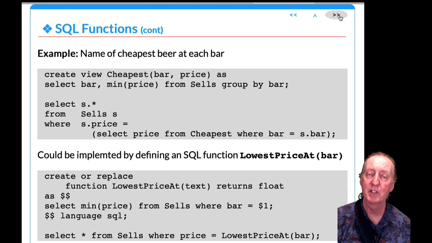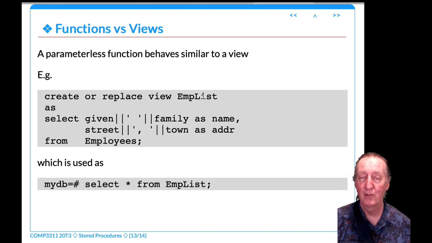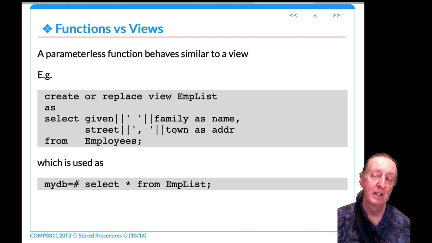So it's giving us back a table, kind of like a view does. So here's an example of getting a list of, you could argue, more readable information from a set of employees. So we put the given and family names together, separated by a space, and we're putting the street and town attributes together in a string, and that's going to be the address.